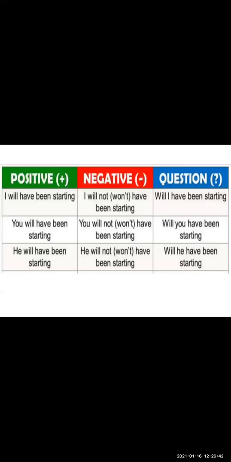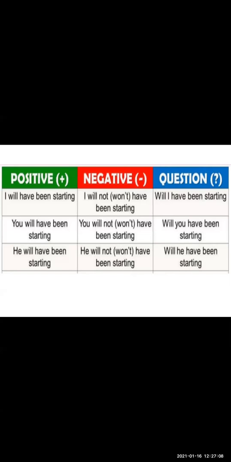Now let us see what the future perfect continuous tense is. If you're talking about the future, the helping verb we use is will. So here we see: I will have been starting. That means starting something, the action is still not completed, they have to complete the action.